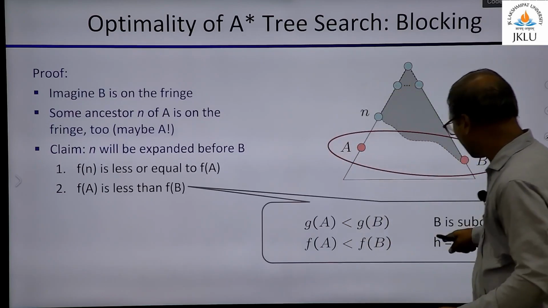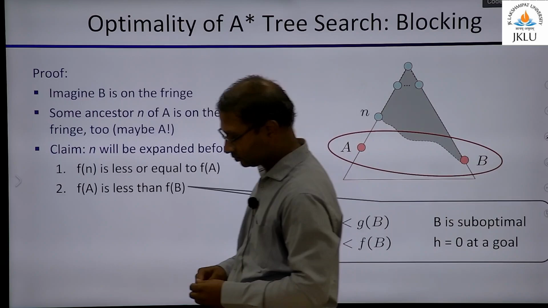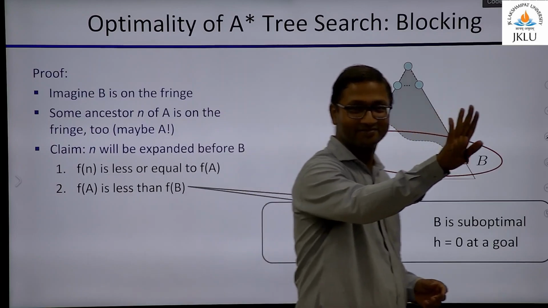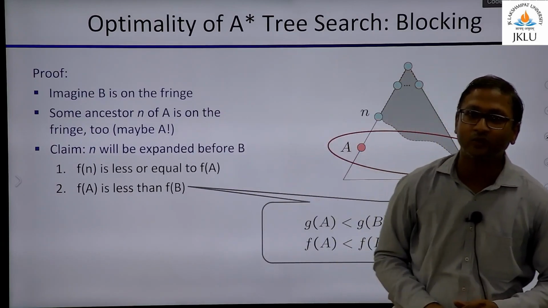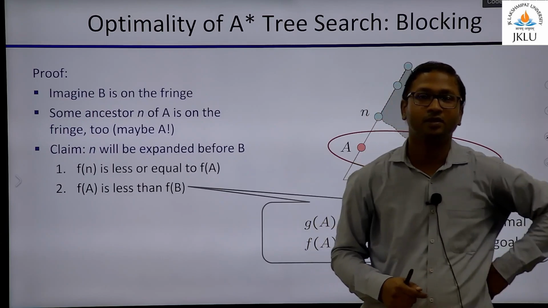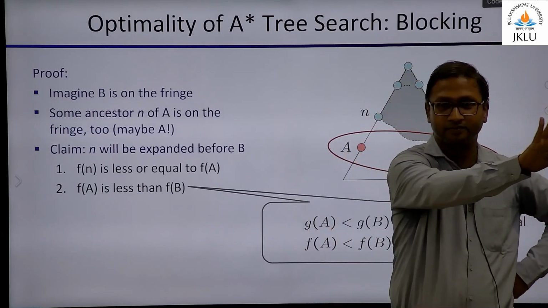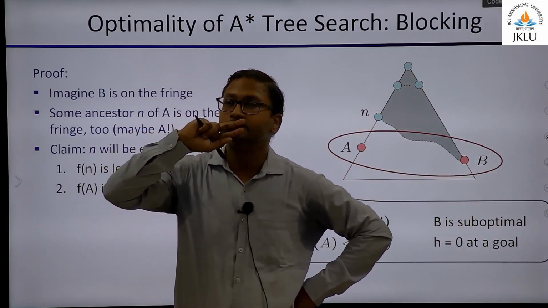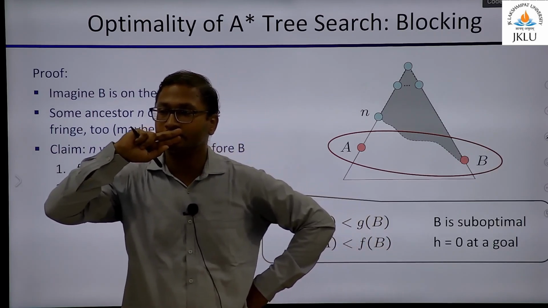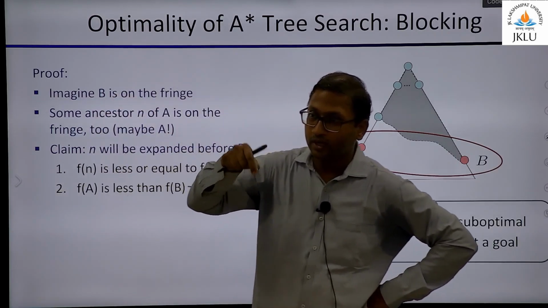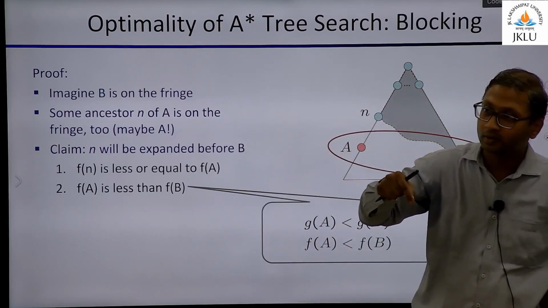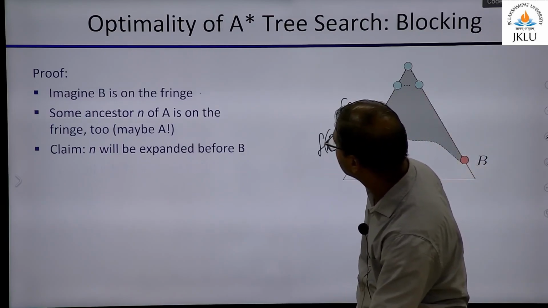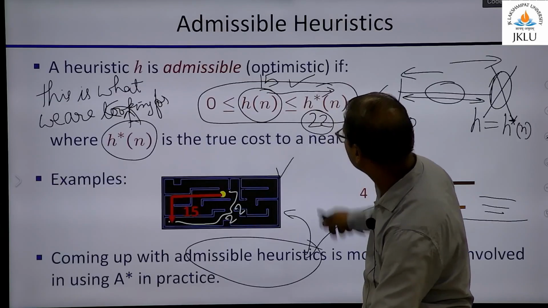By the way, how do you know H is 0 at goal? How do you know H is 0 at goal? मतलब ऐसे ही बोल दिया किसी ने? हाँ. If you are at the goal and you know it is goal, then what do you know about this H star?